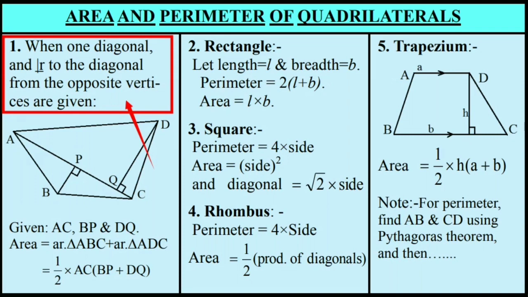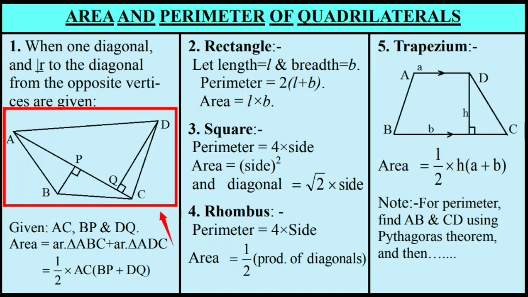Let's understand through this diagram. Here ABCD is a quadrilateral where the diagonal AC is given, and for the diagonal AC the opposite vertices of the quadrilateral are B and D.